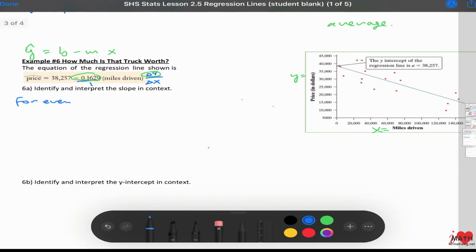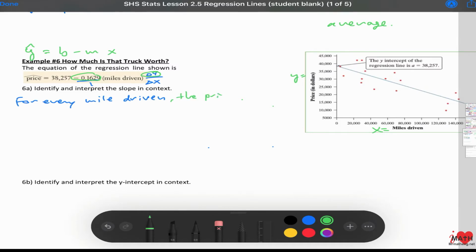For every mile driven, or 1 mile driven, then I'll do green.